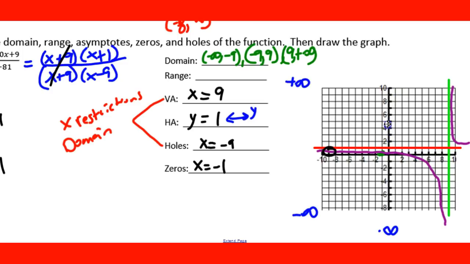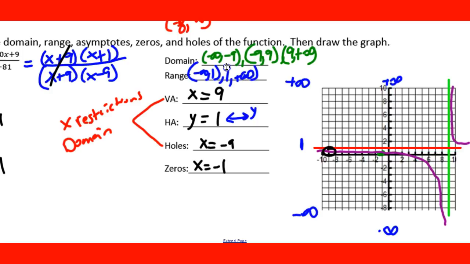So 1, 2, 3, 4, 5, positive infinity way up here. Well, you only have one y restriction, and it's right here. It's the horizontal asymptote right here, and that's at 1. So that's your range from negative infinity to 1, and then again from 1 to positive infinity.